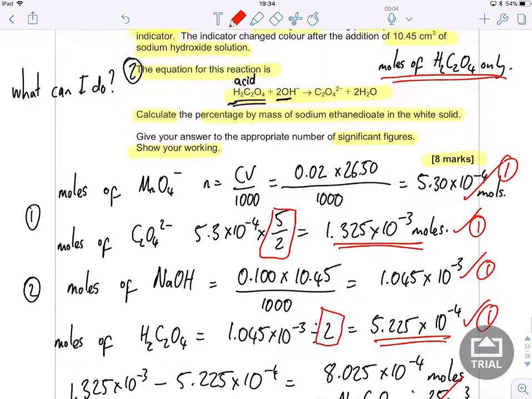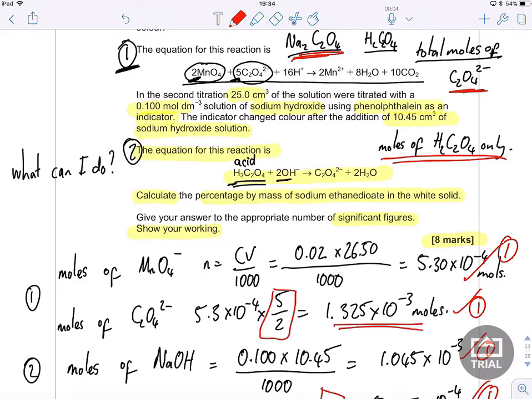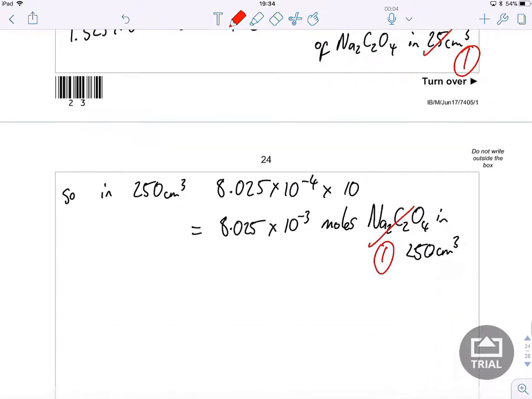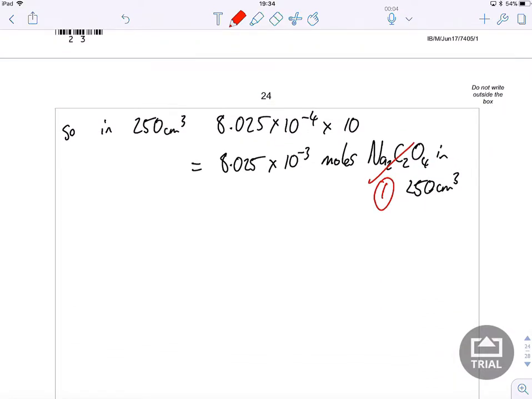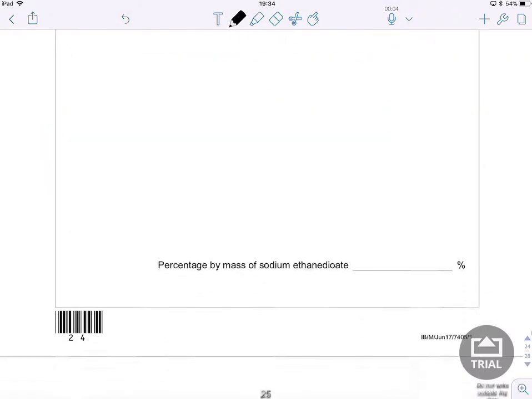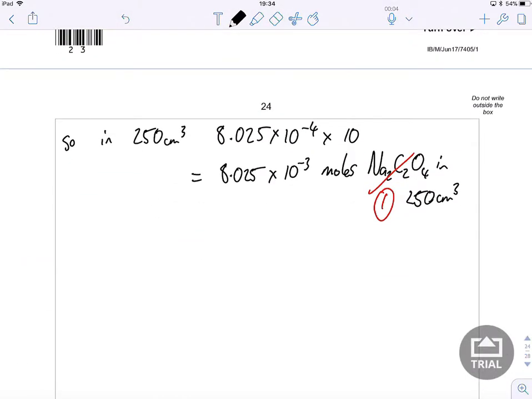Then what I need to do, let me just remind myself of the question: calculate the percentage by mass of sodium ethanedioate in the white solid. So I need the mass. I've got the moles of it, so I need to use my favourite equation: mass equals Mr times moles. The Mr of sodium ethanedioate is 134, times 8.025 times 10 to the negative 3.